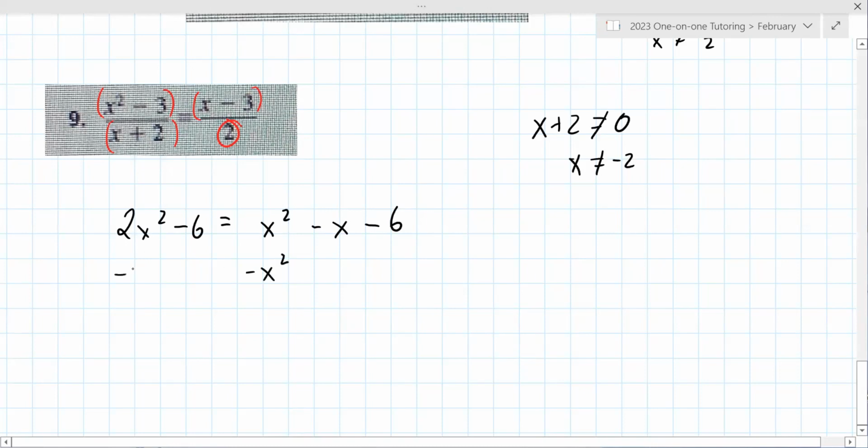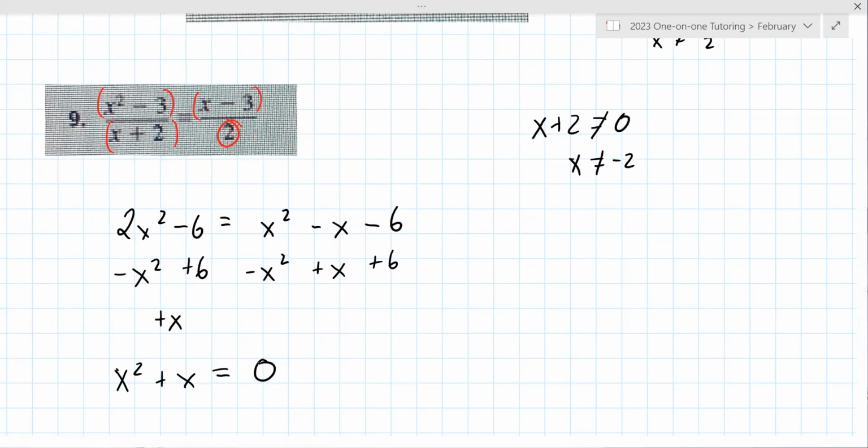Yeah, I agree. And then we're going to add x, which there's nothing to add it to, so you just kind of put that offside, add 6. So if it's too much, you don't have to do it all at once, but you do eventually have to move everything off to the side here. Yes, I got that too.